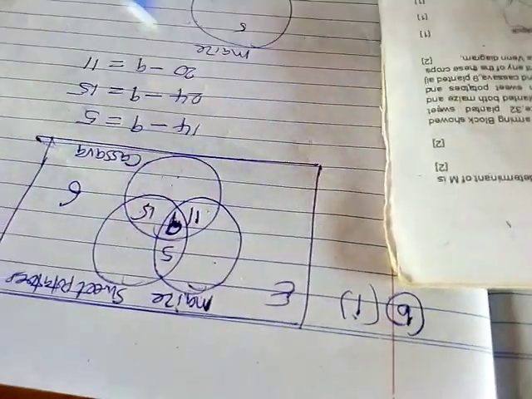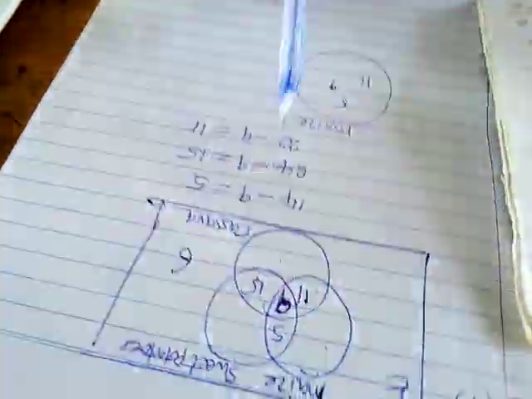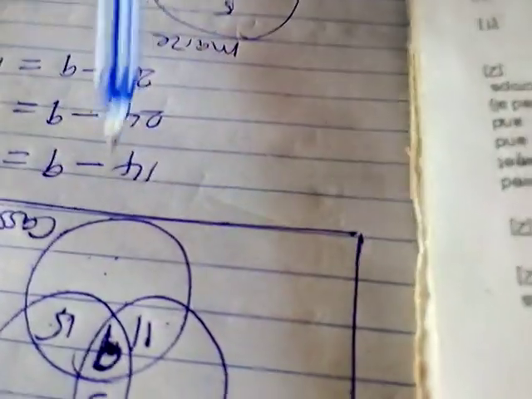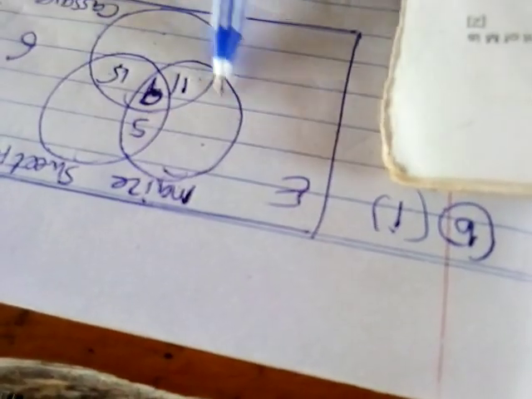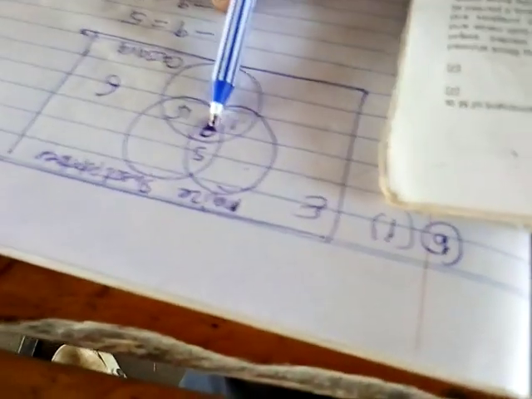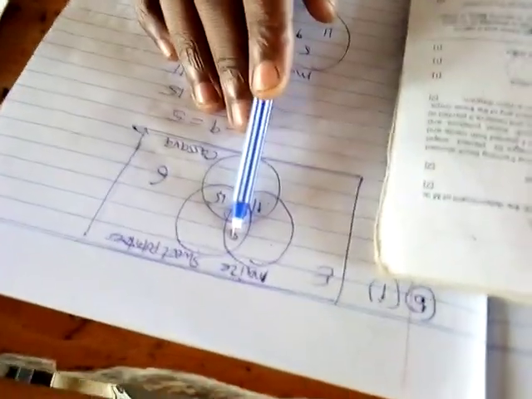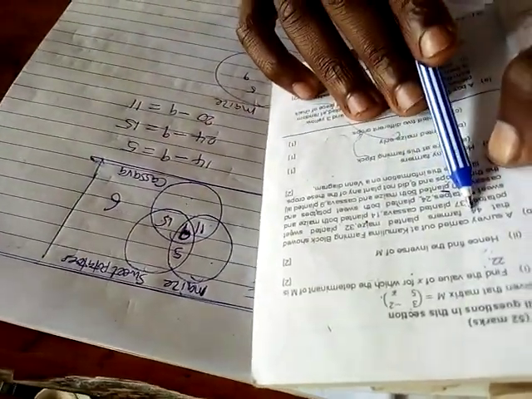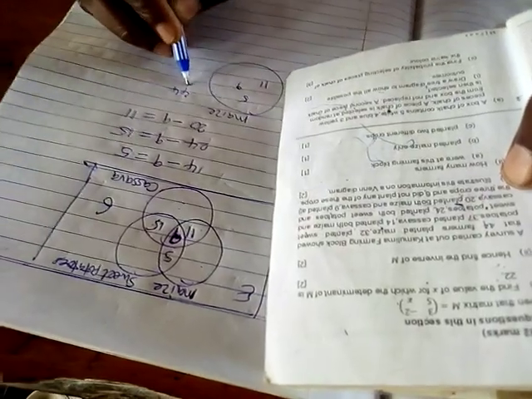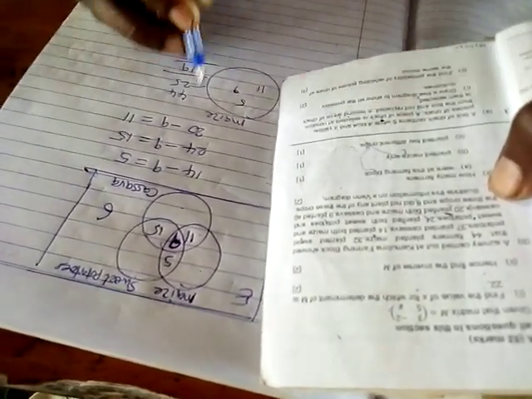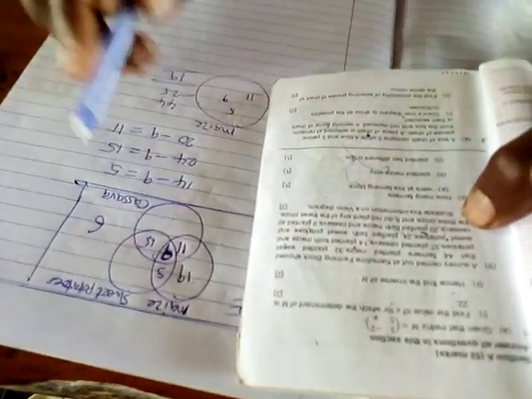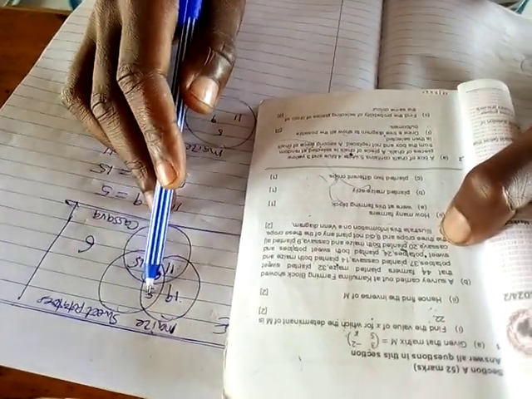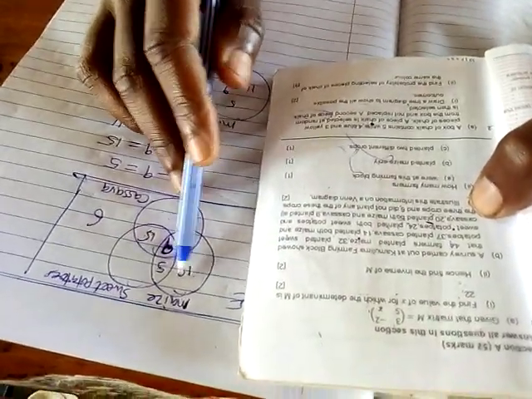We have 5, 9, 11. 5 plus 9 plus 11 is 25. How many farmers are remaining for us to get 44? 44 minus 25 gives 19 farmers here. When you add 5 plus 11 plus 9 is 25, plus 19, you get 44 farmers.